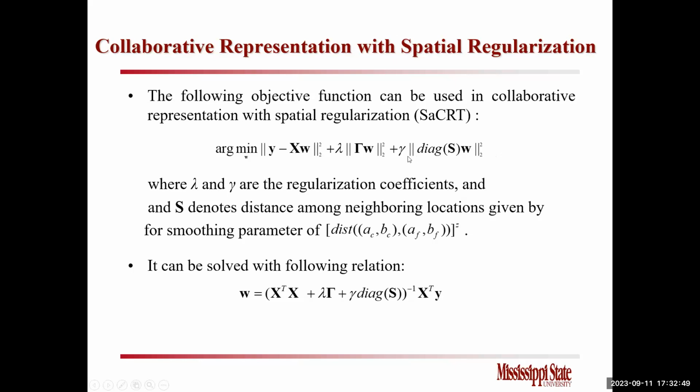However, this term for the spatial regularization is really about the spatial locality, and this gamma term is about locality in the feature space. We tune this lambda and the gamma, so we let them compete a little bit to see what is the best way to find the representation coefficients.